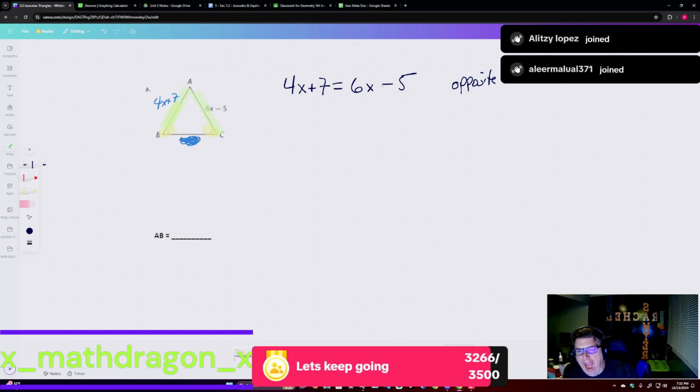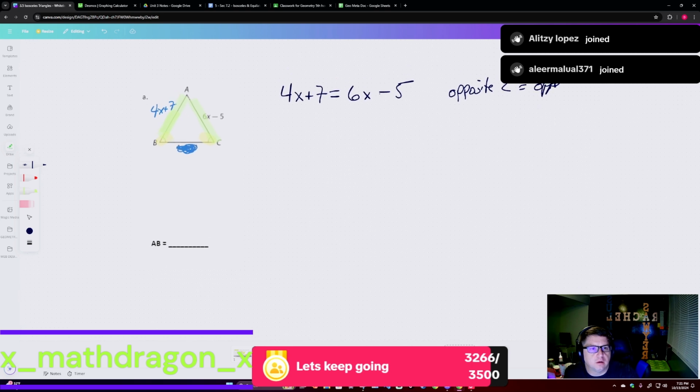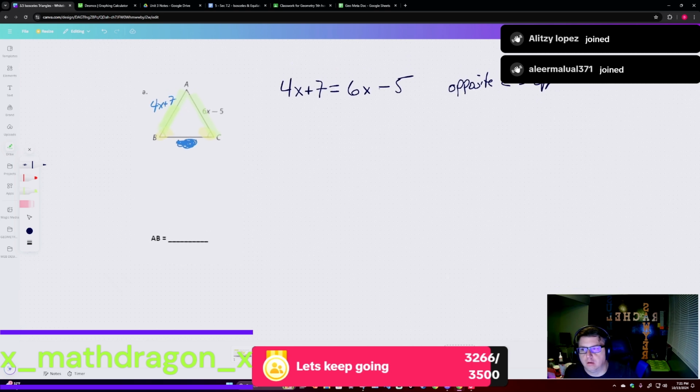And opposite angles equals opposite sides. So opposite angles, opposite sides.